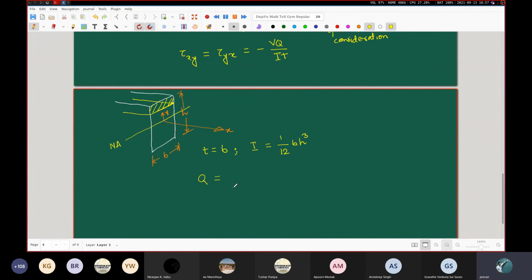First moment of area means we first have to write down the area. What is the area of that? It is simply b into how much? Let me take this distance from the neutral axis to be y. Let me draw a separate diagram, slightly larger, so it will be clearer.